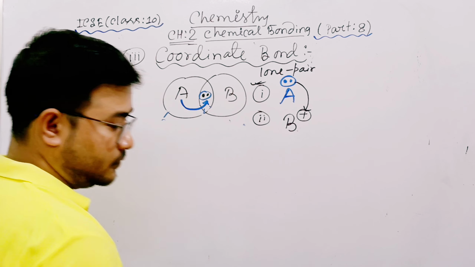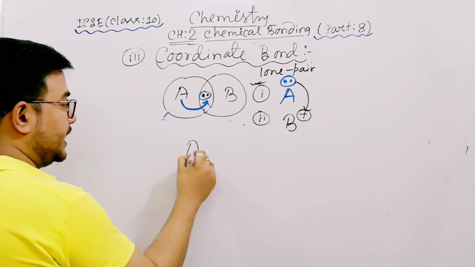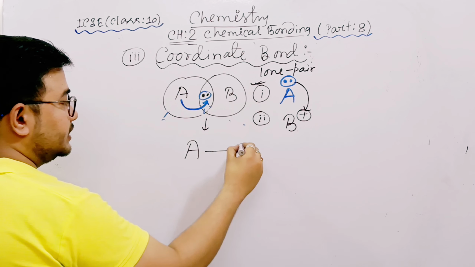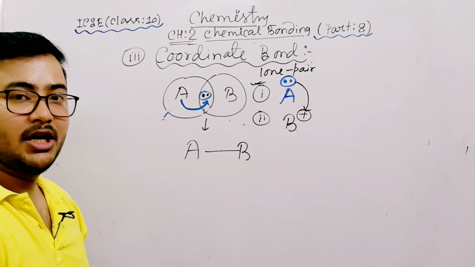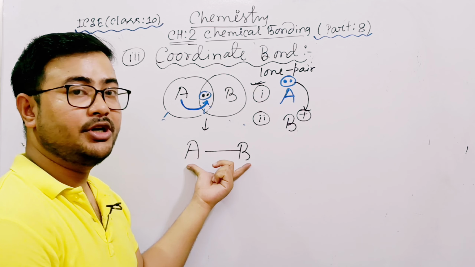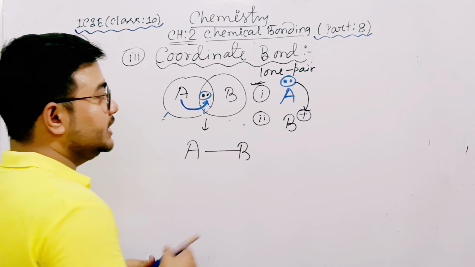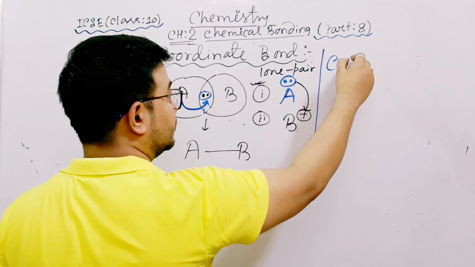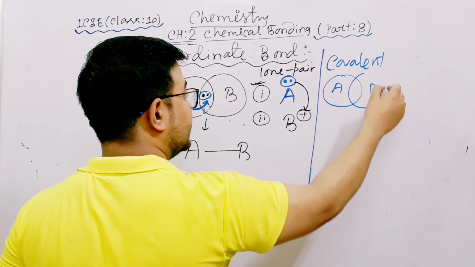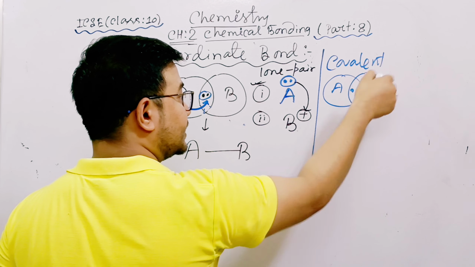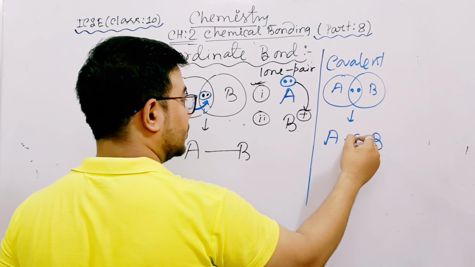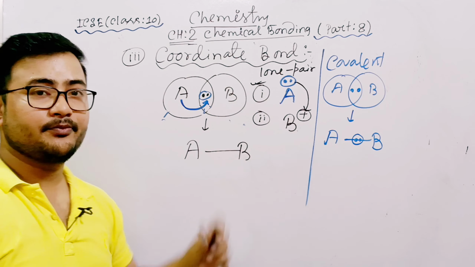Now suppose A and B form a coordinate bond here. You cannot distinguish this bonding from a covalent bond by the line alone. Why? In a covalent bond, as I already told, one electron comes from A and another electron from B. Are both the same?